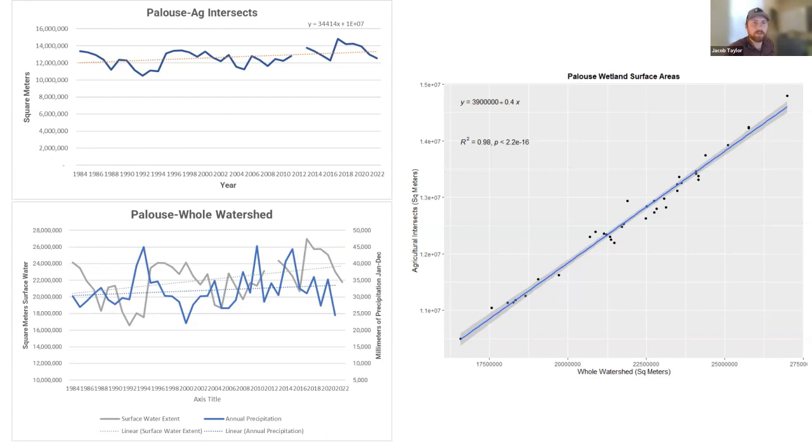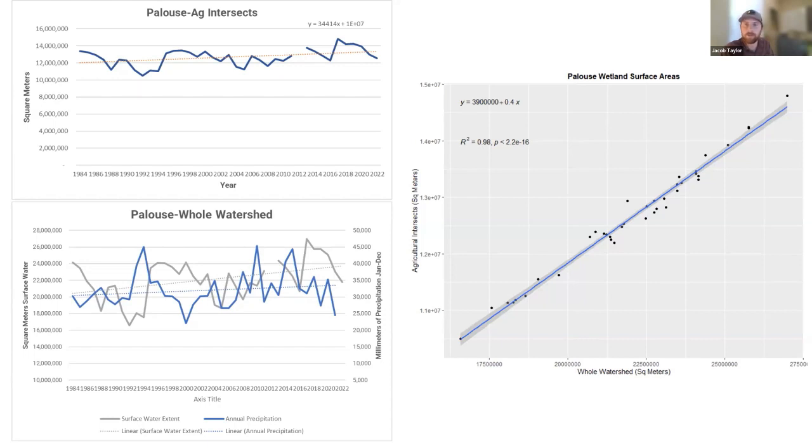And then the bottom one is looking at all the wetlands across the whole watershed. And so we have those surface areas on the y-axis in square meters, and then obviously we have time across the x-axis from 1984 to 2022. What we were trying to do is compare, again, those ag lands to the whole watershed and look at differences in those trend lines between the agricultural wetlands and the whole watershed.